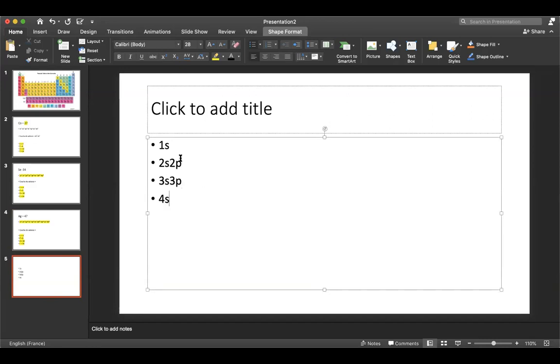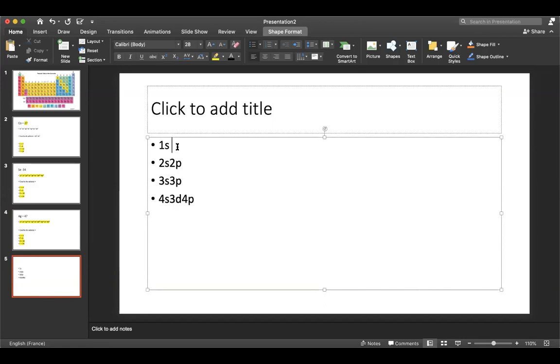For those that were there in the morning, I stopped here. Now it continues. Now you're going to have the 3d and 4p. I stopped at 4s because that was as far as we were going to go.